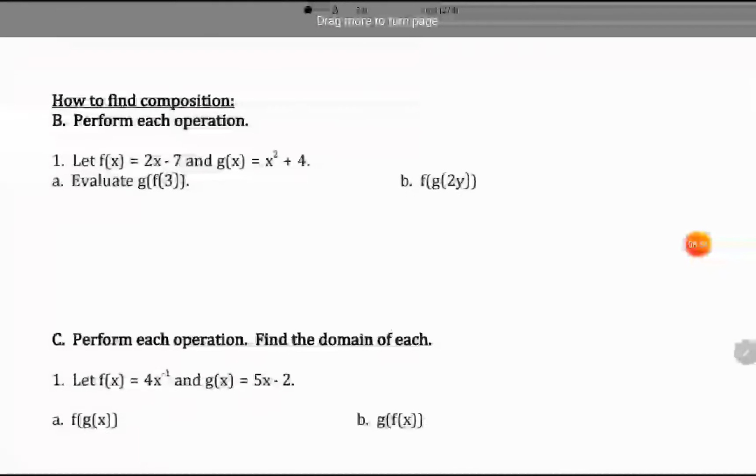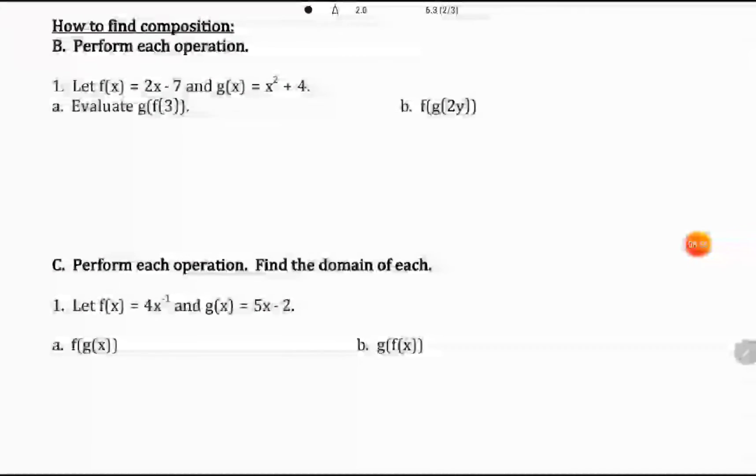How to find the composition. So f of x is 2x minus 7, and g of x equals x squared plus 4.